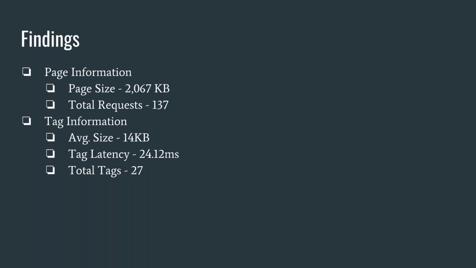Now, from experience working with a lot of these e-commerce sites, a lot of people are not using 27 different platforms for advertising and marketing.